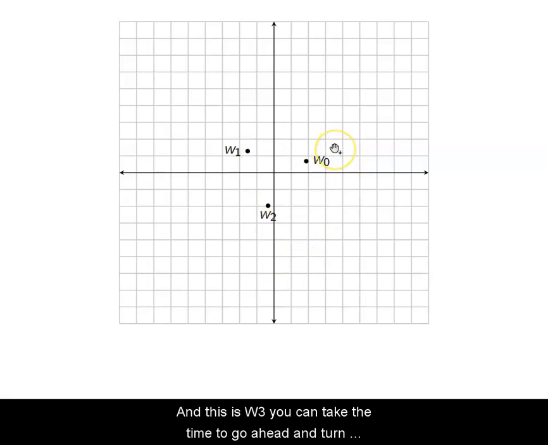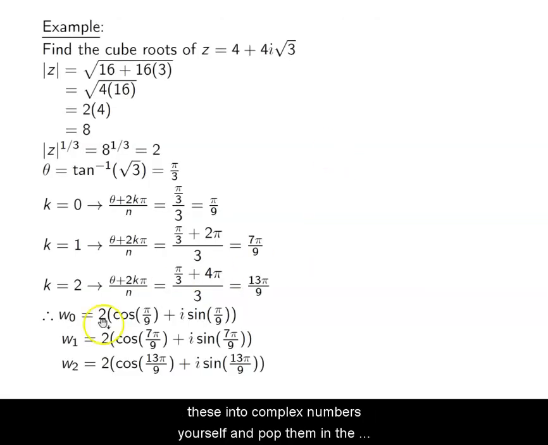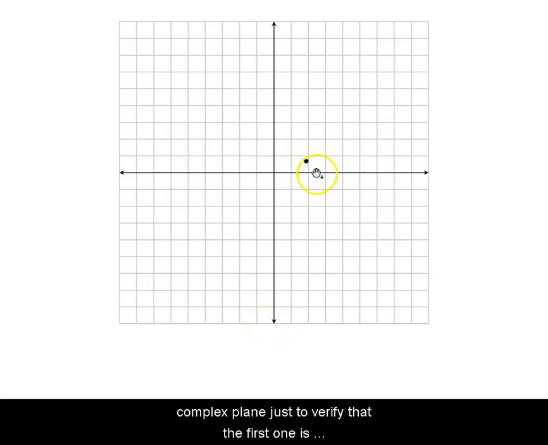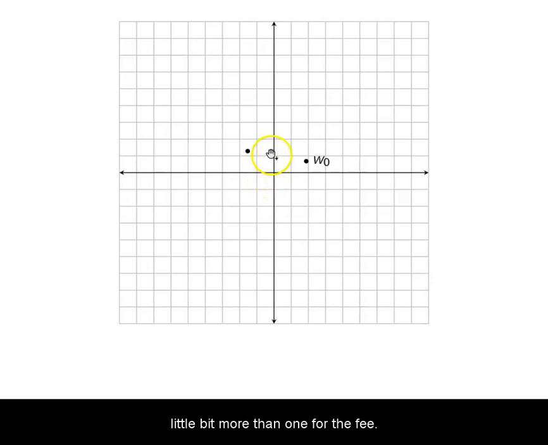You can take the time to turn these into complex numbers yourself and plot them in the complex plane just to verify that the first one is somewhere just before 2 for the a and something just under 1 for the b. W1 is a little bit more than -1 for the a and a little bit more than 1 for the b. And then my W2.